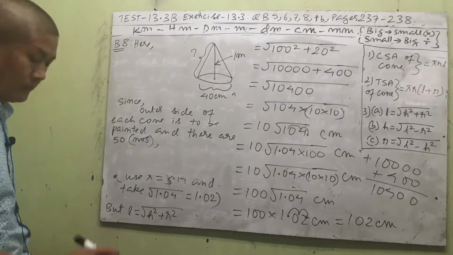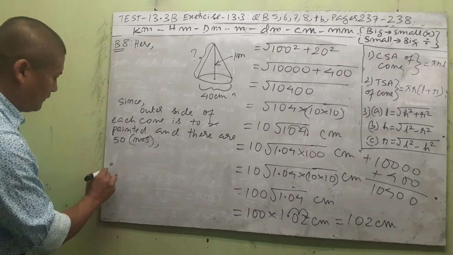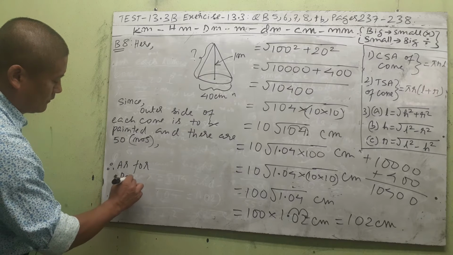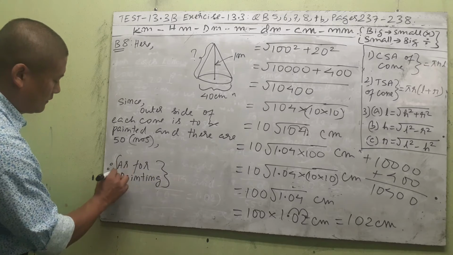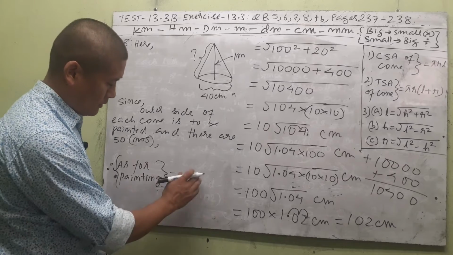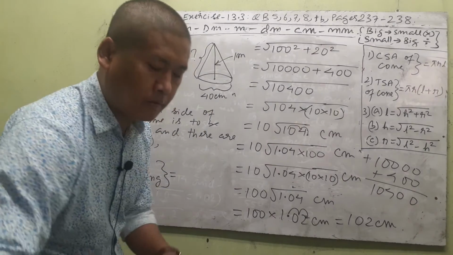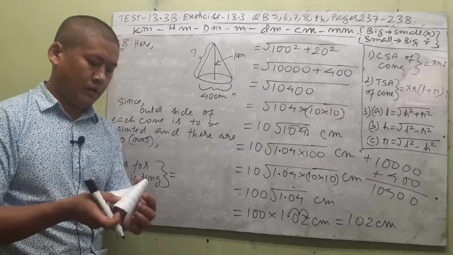So the area for painting you have to find. Therefore the area for painting, to paint one hollow cone, since it's a hollow cone, you can paint only outside, they say.